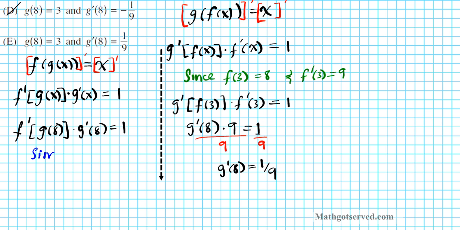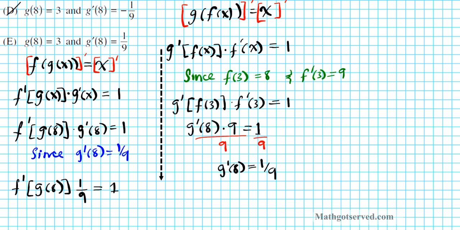So since g prime of 8 is equal to 1/9 from this result right here, we can rewrite this equation as f prime of g of 8 times 1/9 is equal to 1.